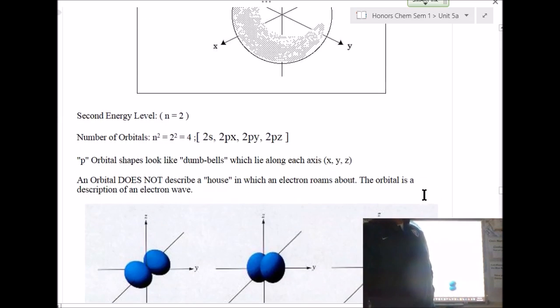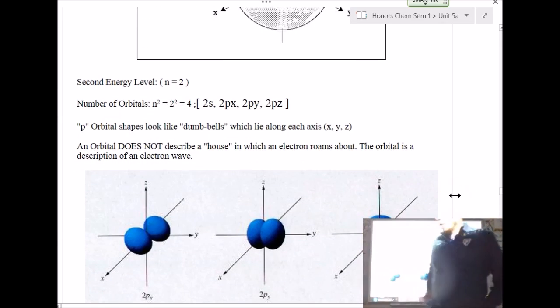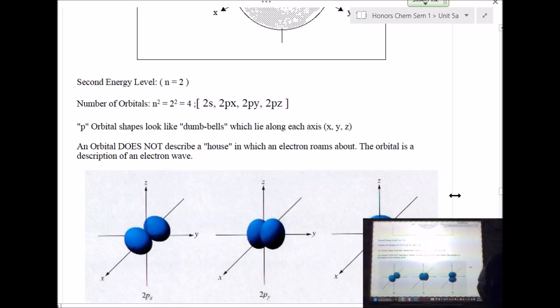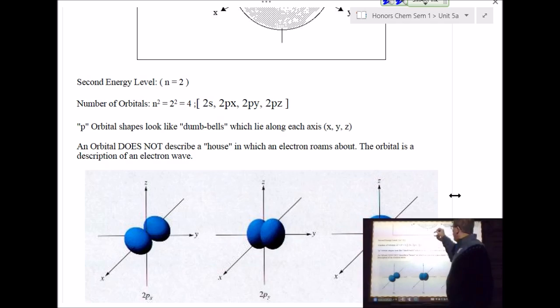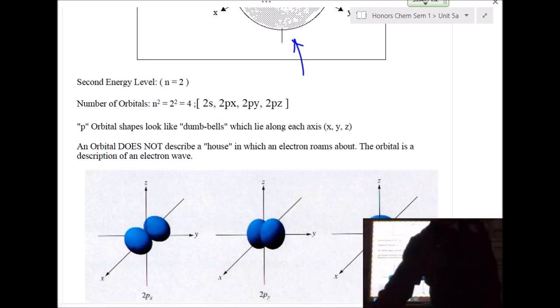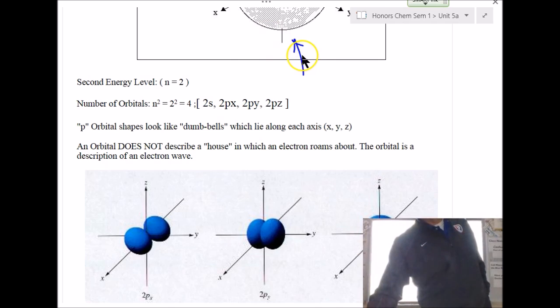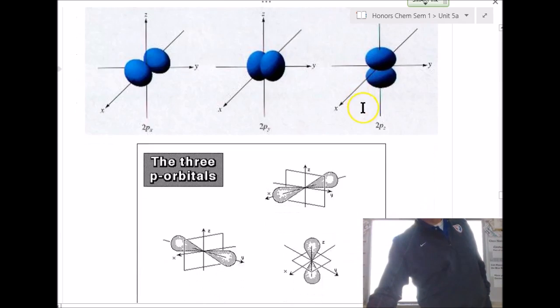Looking at the next energy level, if we wanted to know how many different orbitals we could have in the second energy level, 2 squared is what? 4. So we always start every energy level off with an s orbital, so we have 1 orbital there, and then we've got these 3 p orbitals. Now the p orbitals kind of look like dumbbells, or whatever your imagination wants.